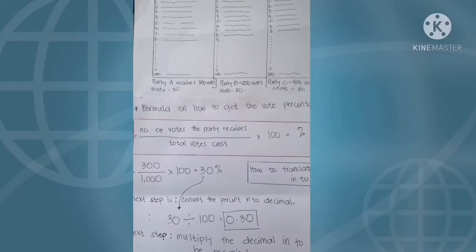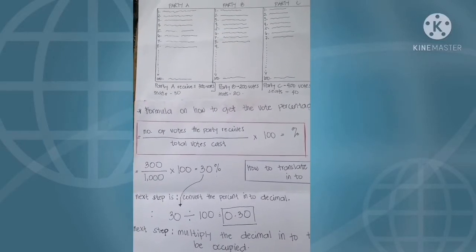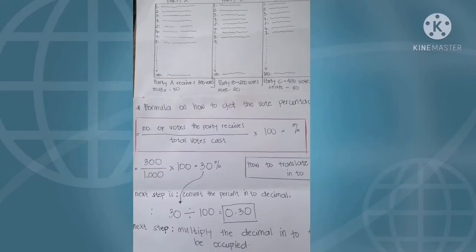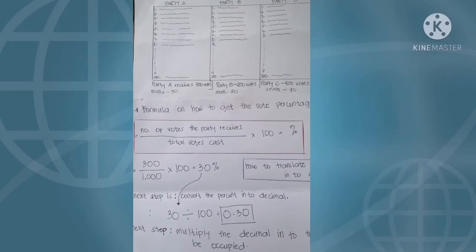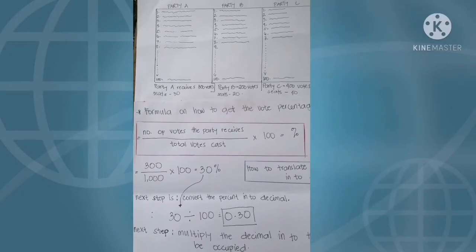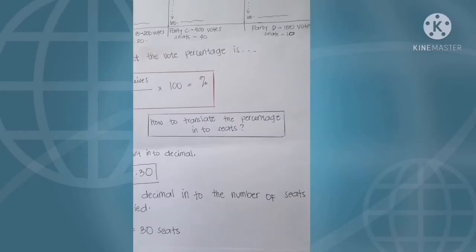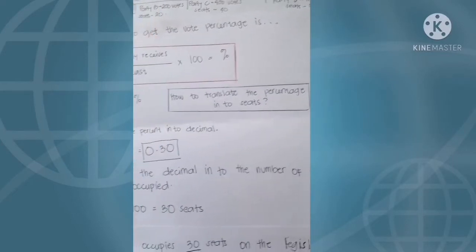In the case of Party A, the number of votes Party A receives is 300 over the total votes cast, which is 1,000, times 100, equals 30%. So Party A receives 30% of the total votes cast. The next question is how to translate the percentage into seats.